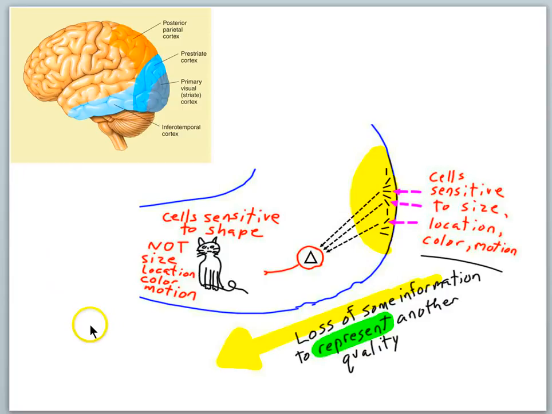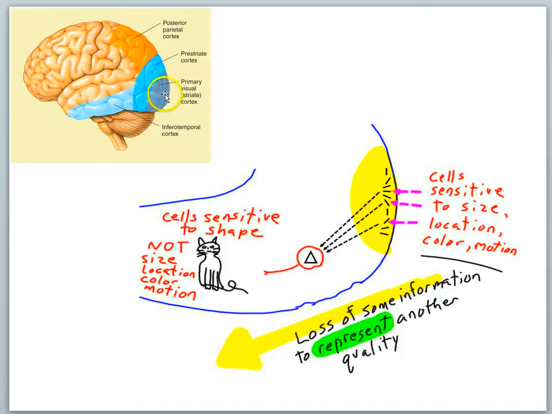In this lesson, we'll extend the story of the visual pathway as we travel from the visual cortex back here, area V1, down through the ventral part of the temporal lobe, so the inferior temporal cortex. So this is the major visual pathway dedicated to determining what kinds of objects are out there in the world.